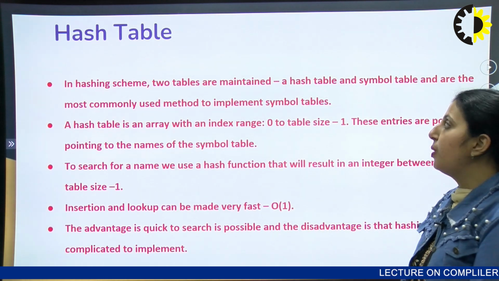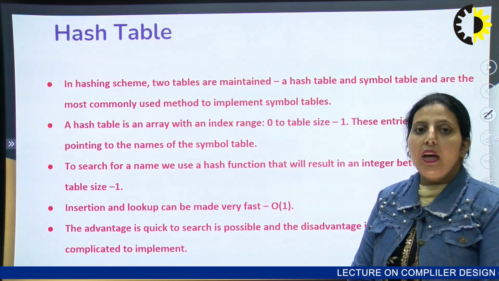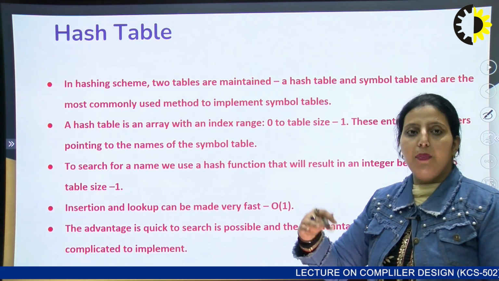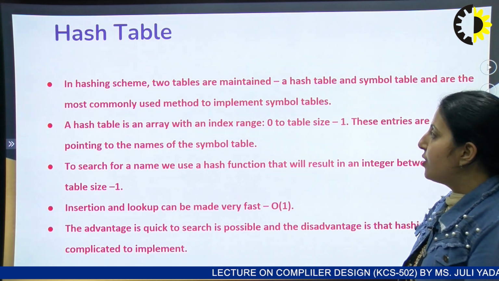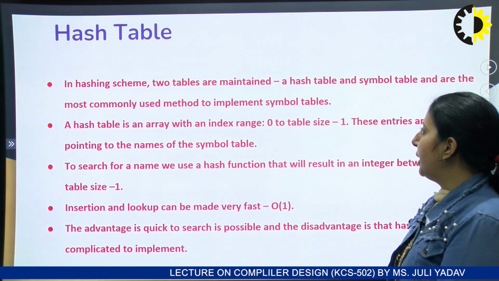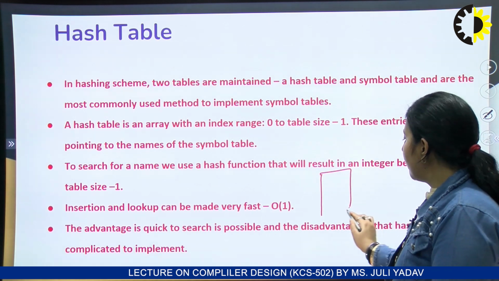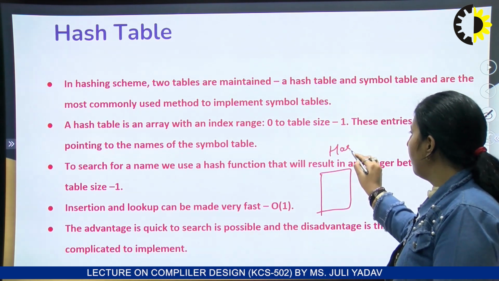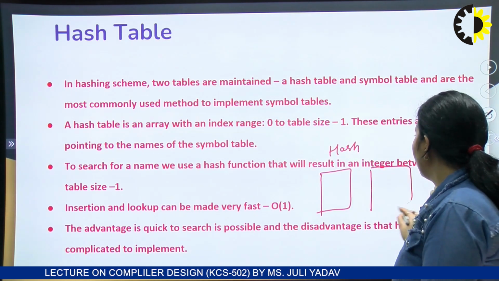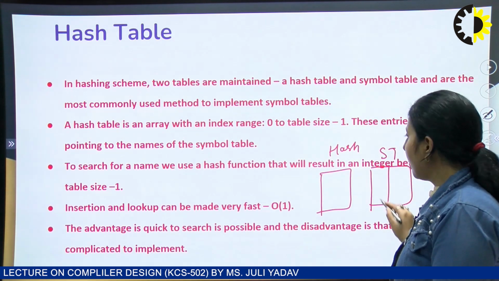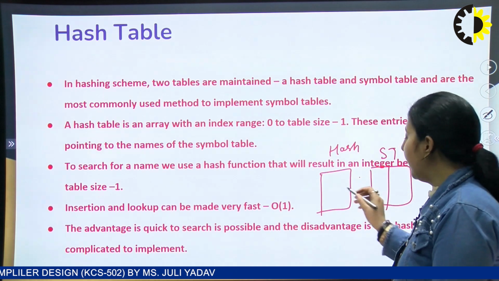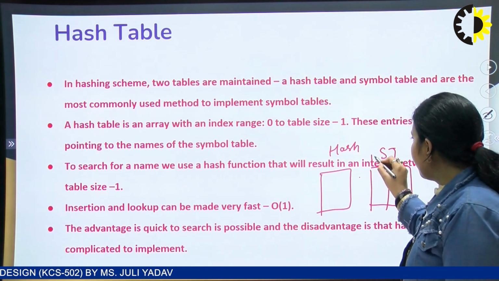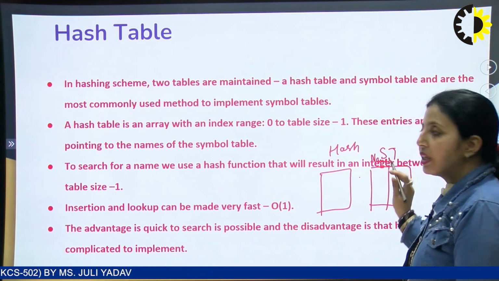Now the last implementation, and the most important and most preferable implementation of a symbol table, is the hash table. In hashing schemes, two tables are maintained: one is the hash table and the other is the symbol table. What does the hash table have? The hash table has all the entries that are present as names in the symbol table.